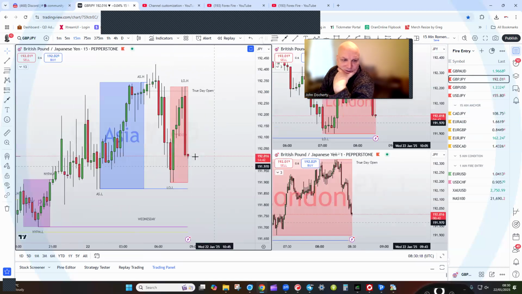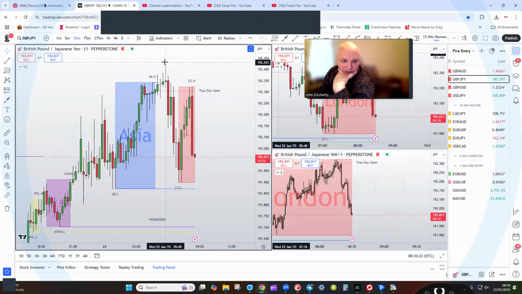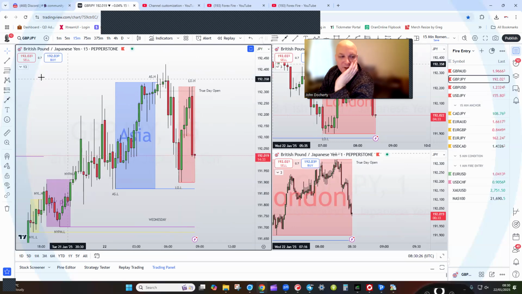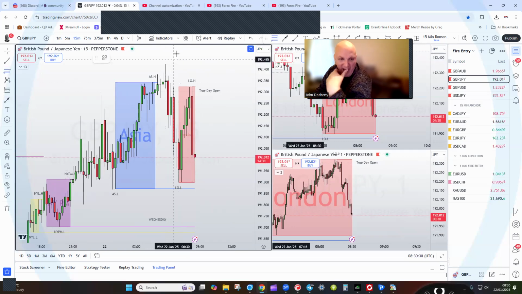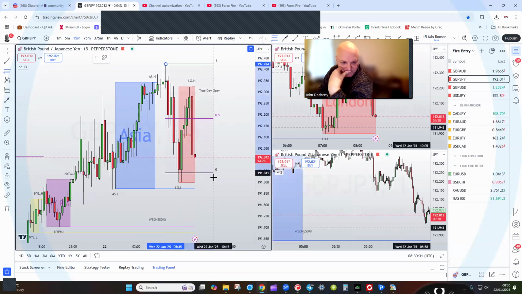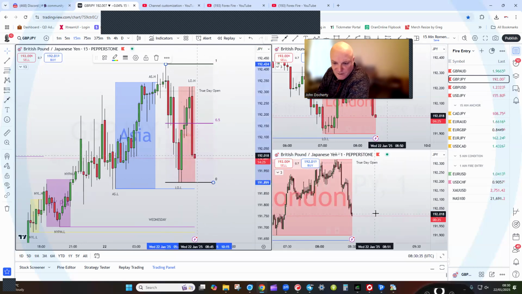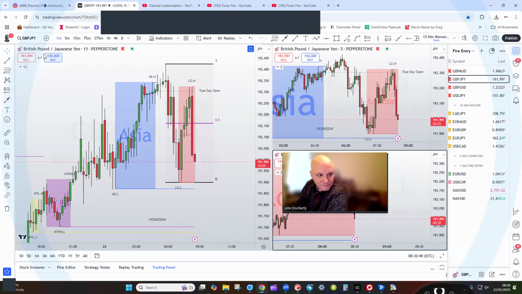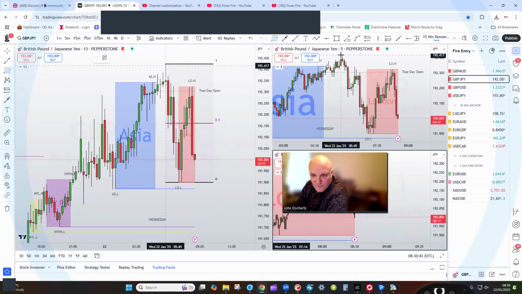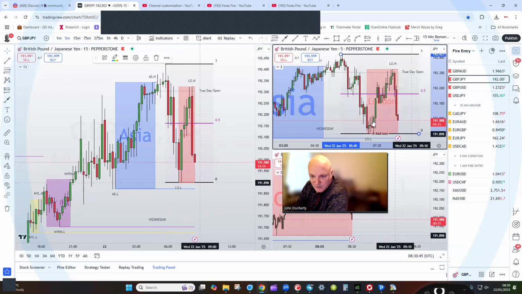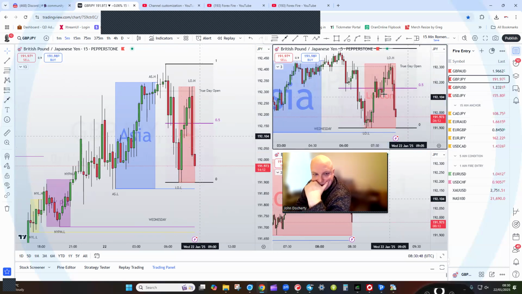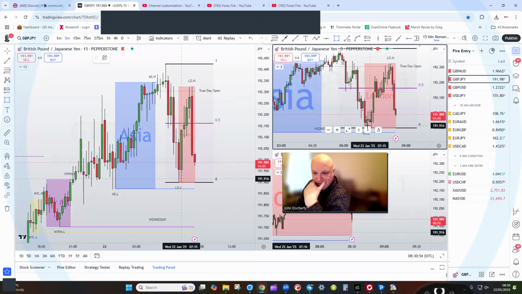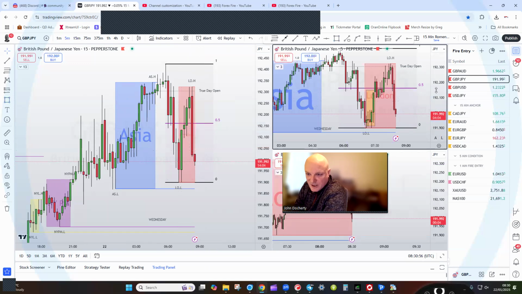GBP JPY, we did have a breakout late last night, and then we've come into the London session here. That's the high, that's the low. Separation candles.